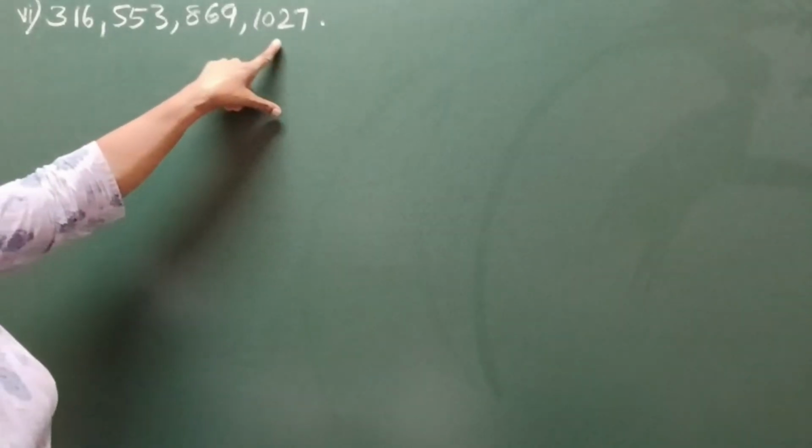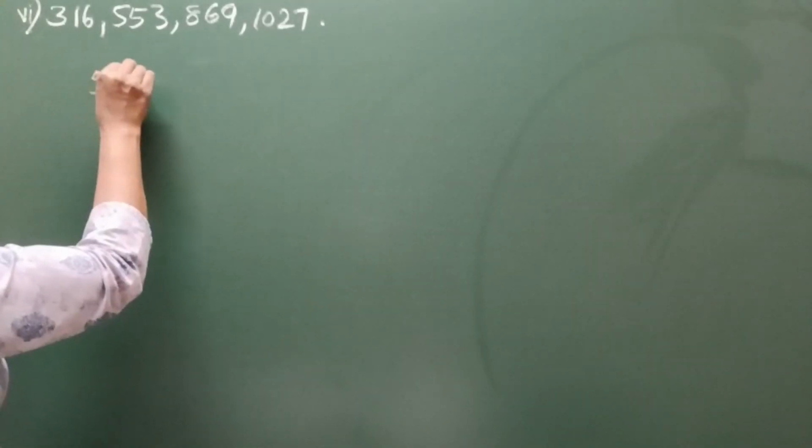Our last question is quite big. There are 4 numbers given here. We have to find the HCF for these 4 numbers. 316, 553, 869 and 1027. First, let's take the first 2 numbers, that is 316 and 553.